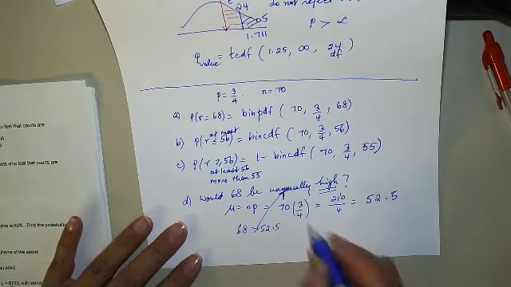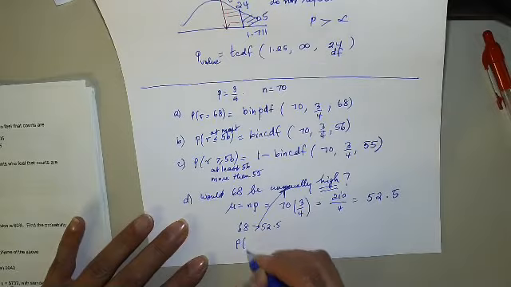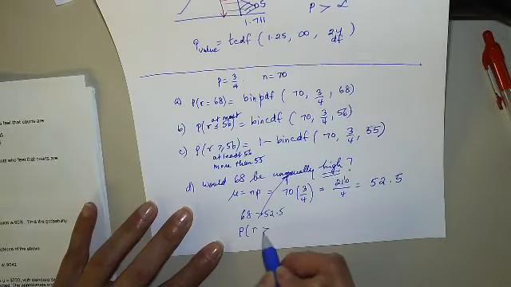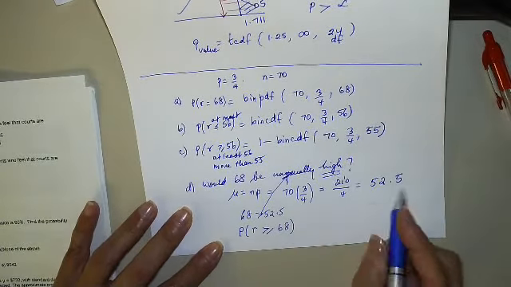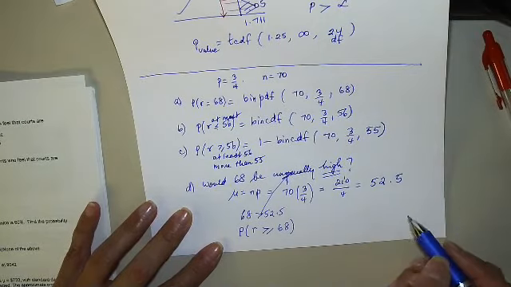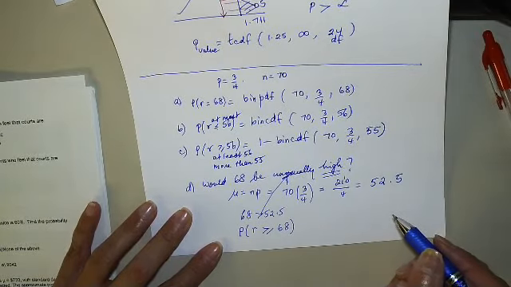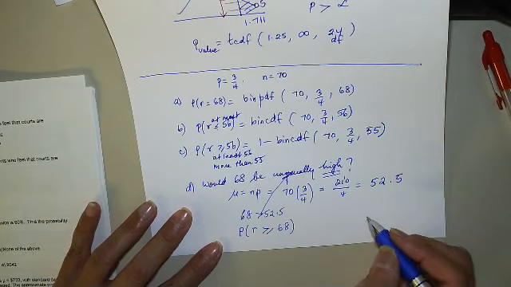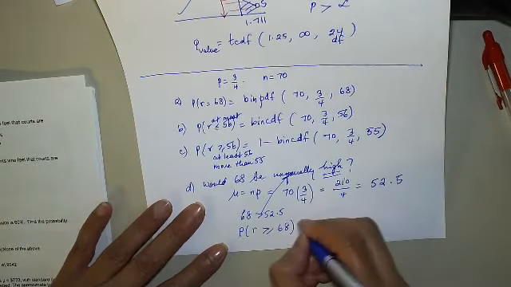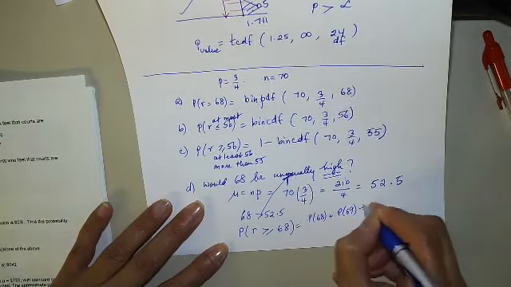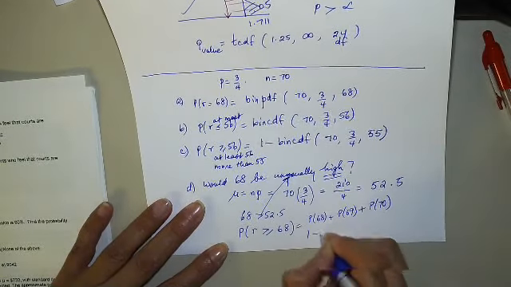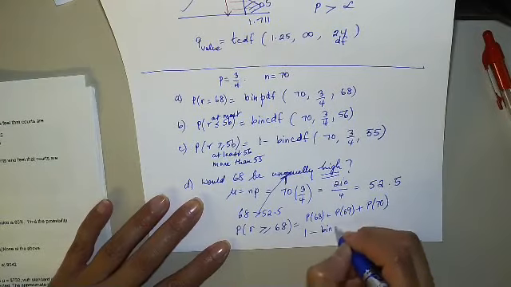So because 68 is bigger than 52.5, I'm talking about unusually high, right? So, let's see. Is it unusually high? So I want the probability R greater than or equal to 68. You have to go even more than 68 to see what the probability is.